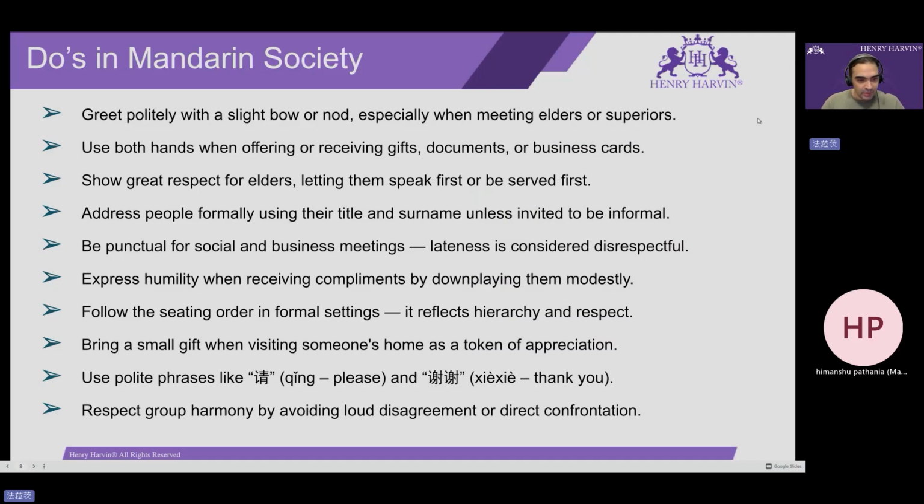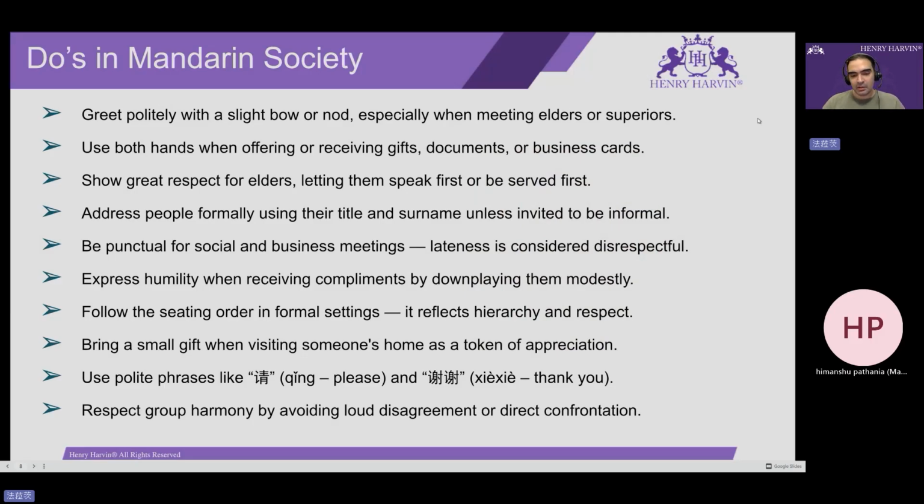And also respect group harmony by avoiding loud disagreement or direct confrontation, because usually matters are resolved in person rather than using a direct confrontation approach in their society or culture. This is going to be very important when you are having a disagreement or want to discuss something.